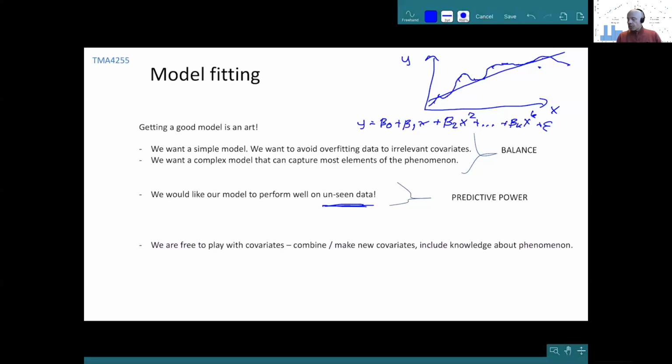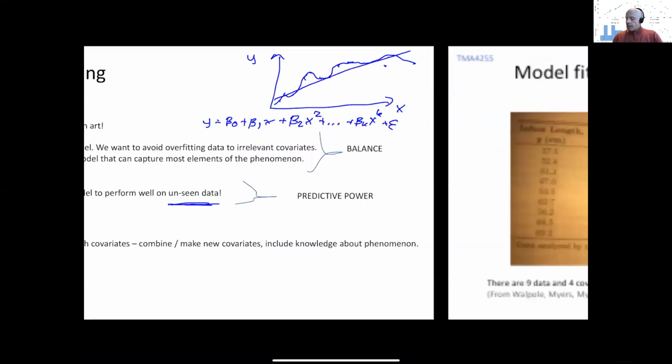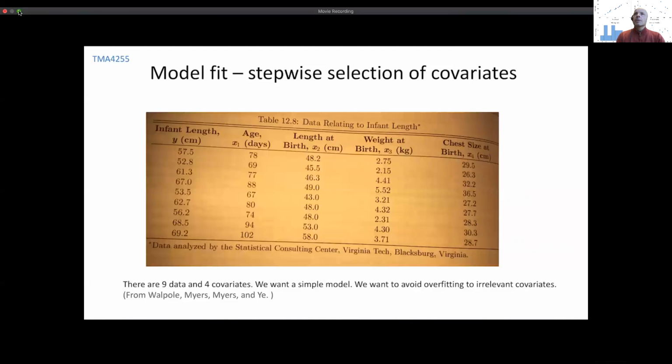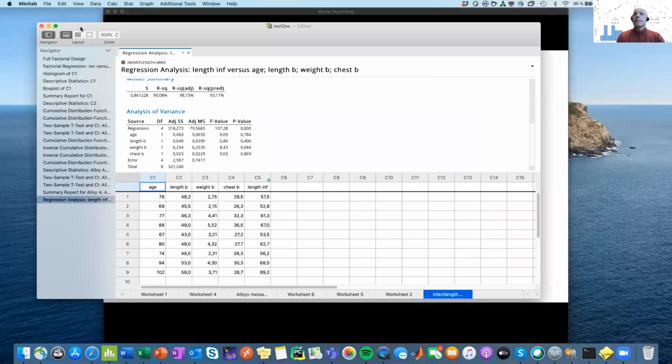And what we typically do here is to play with covariates, bring them in and out of the model to see what gives us a better fit. And I thought I would demonstrate this on this example, where infant length is regressed on some covariates. I can show you this in Minitab.